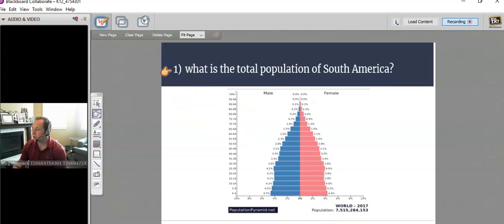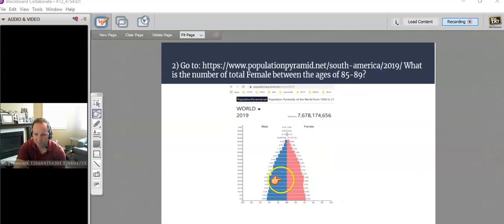On the exit ticket, you're going to be doing South America. So that will be what it is in South America. You have to look at the bottom here and say what is the total population of South America, and put that answer in. So pretty easy there.